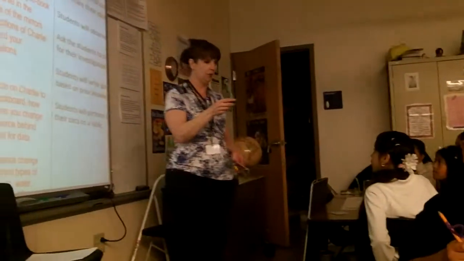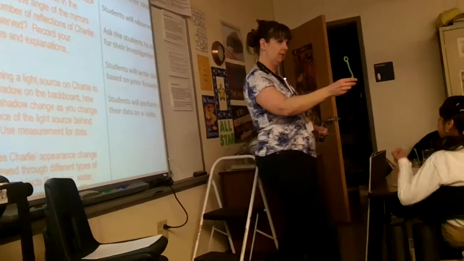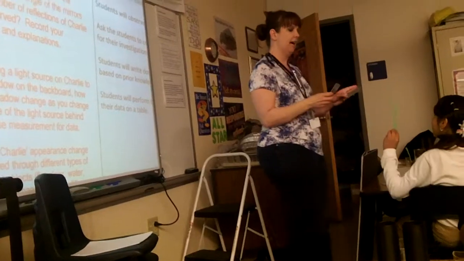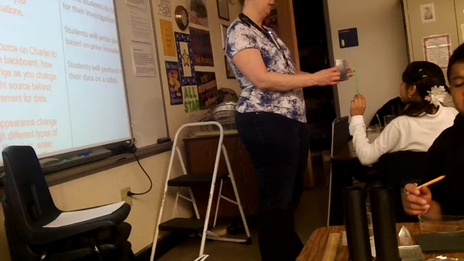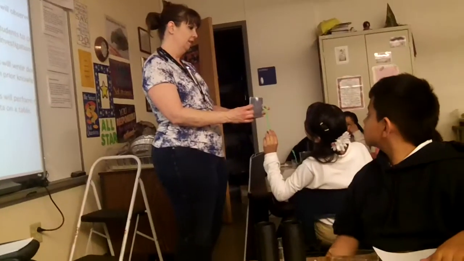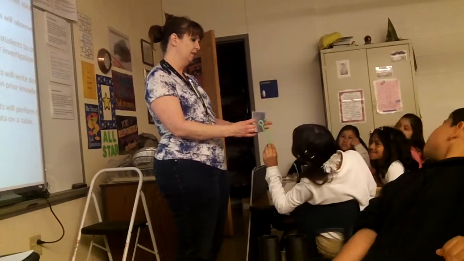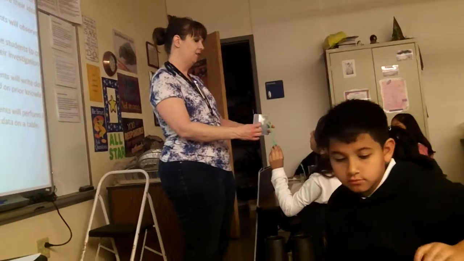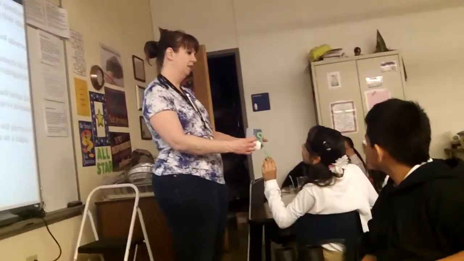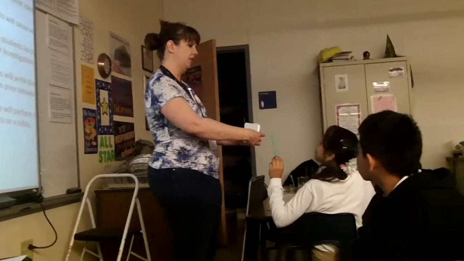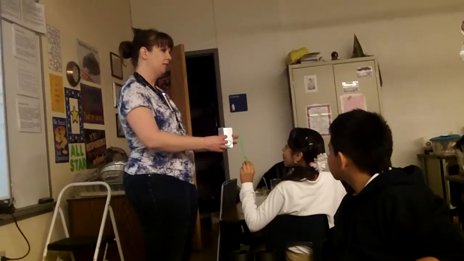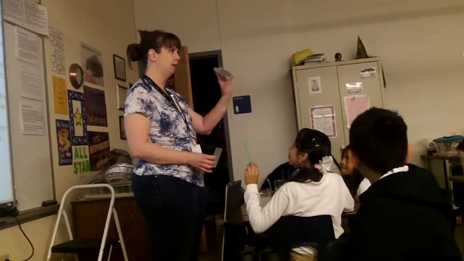So, for example, if I have Charlie here, would you hold him, please? And I have this angle, and you look in the mirror, do you see more than one Charlie? Will you look down that mirror? Yes? Okay, if I do this, does that change how many you see? Alright, but look down there. Okay, does that change how many you see?